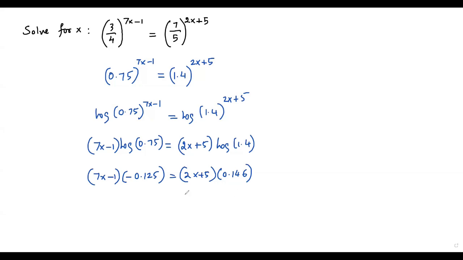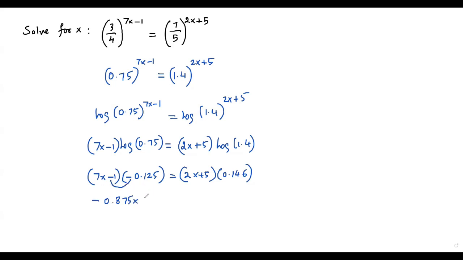Now I can distribute this negative 0.125 to the 7x minus 1. When I distribute, I multiply 7 and negative 0.125, and I'm getting negative 0.875x.